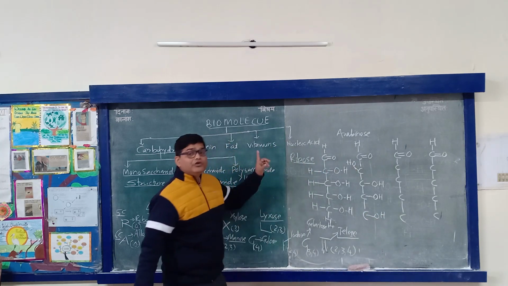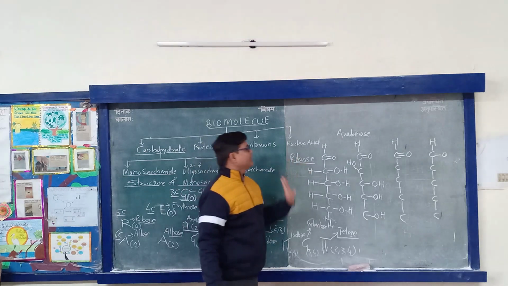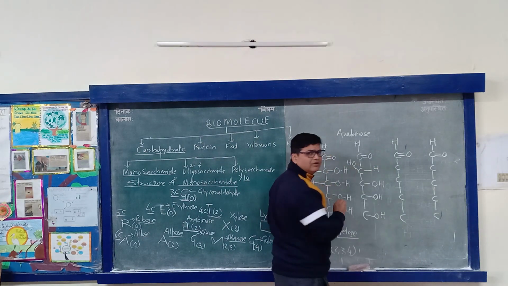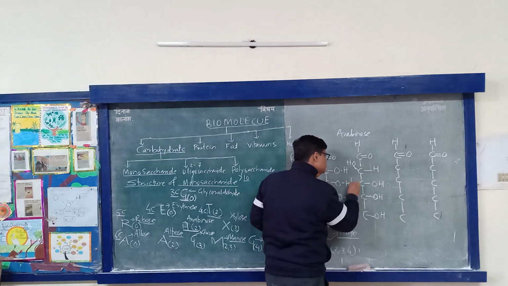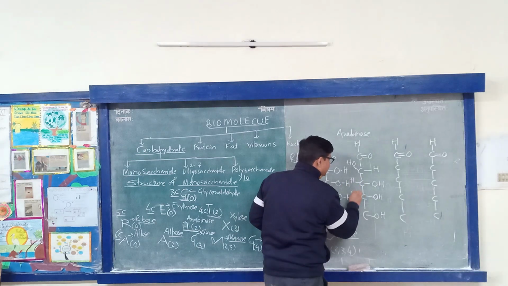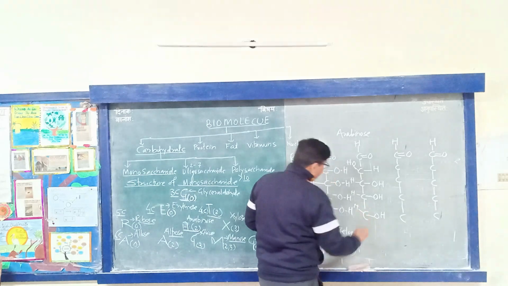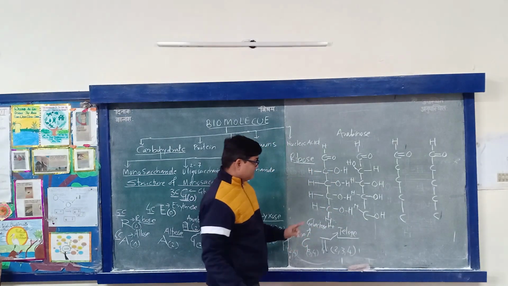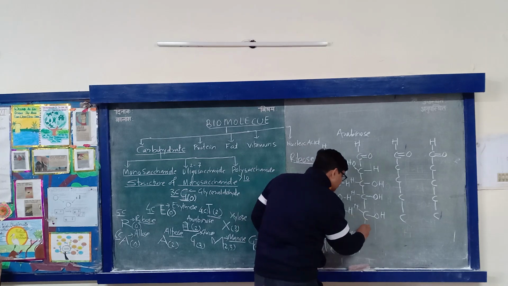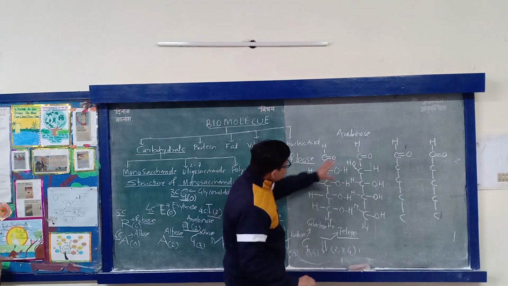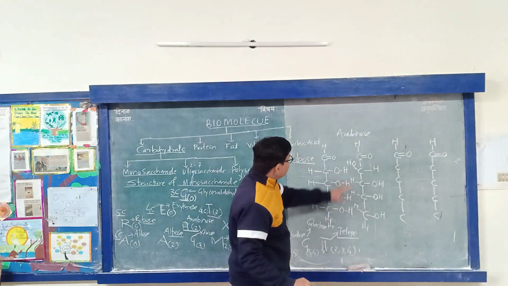Now you have to fulfill the valency of carbon. How? By putting simple hydrogen. Okay, so I am putting the hydrogen. And in case of every fifth carbon, the last carbon, you have to add more hydrogen, means 2 hydrogens. So this is the chemical structure of arabinose.